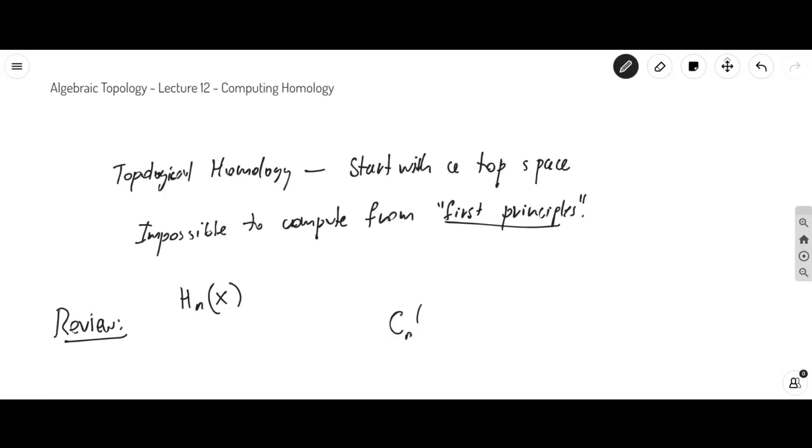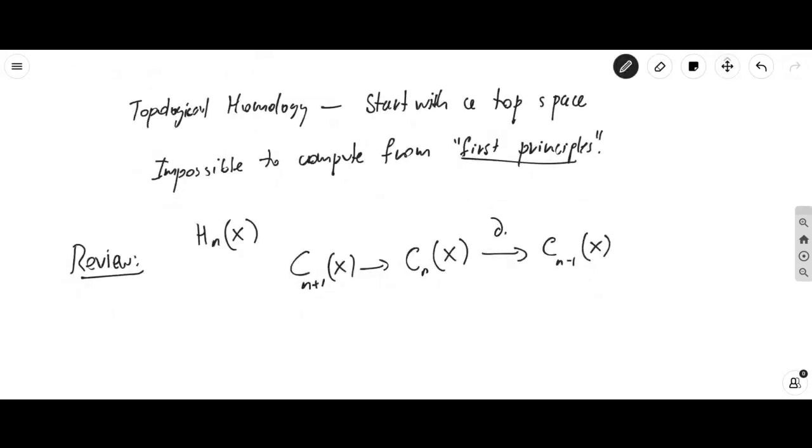You first consider all n-dimensional chains in X. You have a boundary map into n-1 chains, and then you have n+1 chains mapping into X. If we call this delta n, and this delta n+1, then the homology group is the kernel of delta n modded out by the image of delta n+1. That quotient is what gives you the nth homology group.